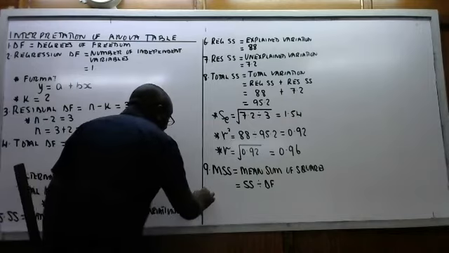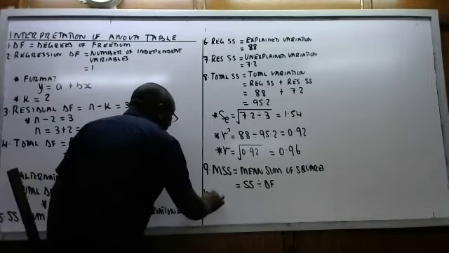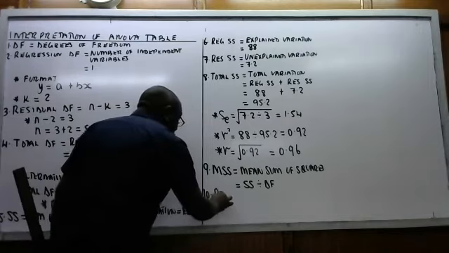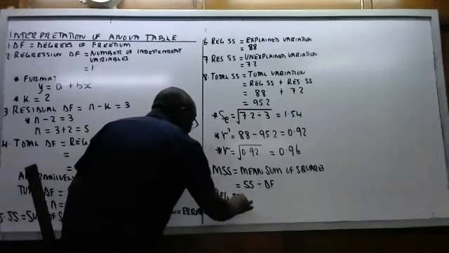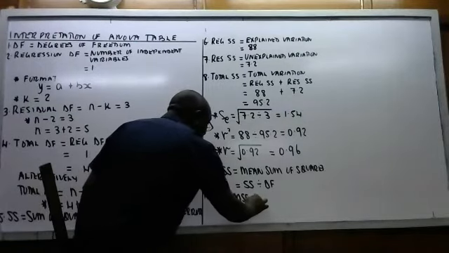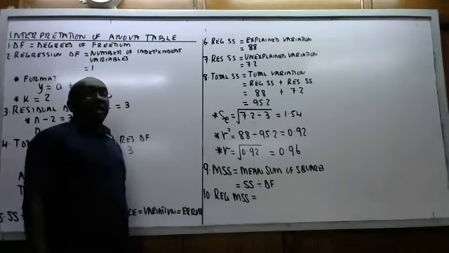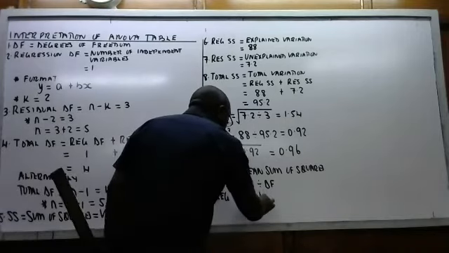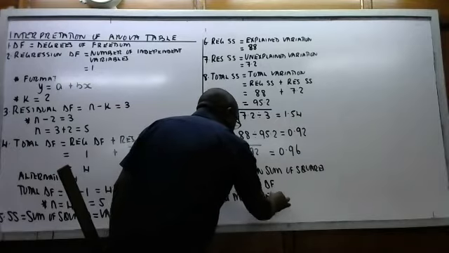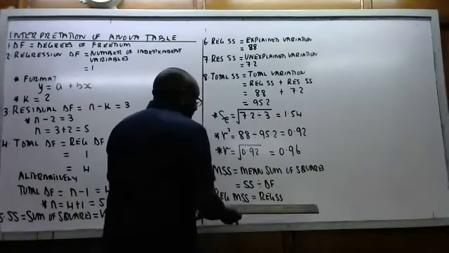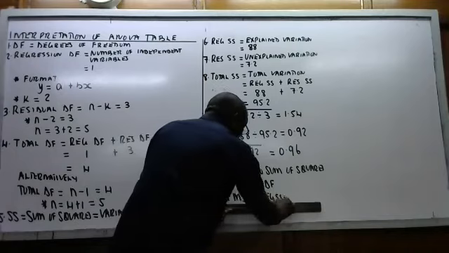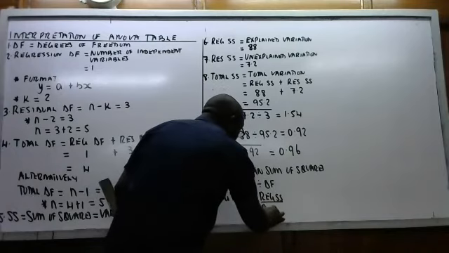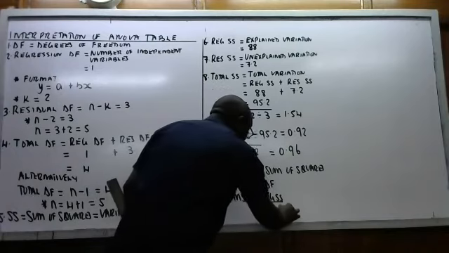So consequently, point number 10 is if you are looking for the regression mean sum of squares, it will be the regression sum of squares you divide by regression DF.